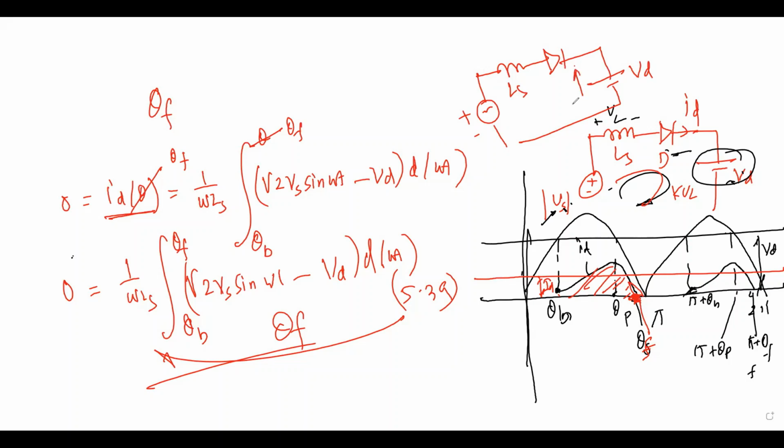The output voltage is constant, and the current ID, we have already found the expression, and we have to find the expression of the constant current. We know VD, then we can also find out the power. And theta B, theta P, theta F, everything is known to you, then we can always play around and design our circuit. Actually, that was my intention.